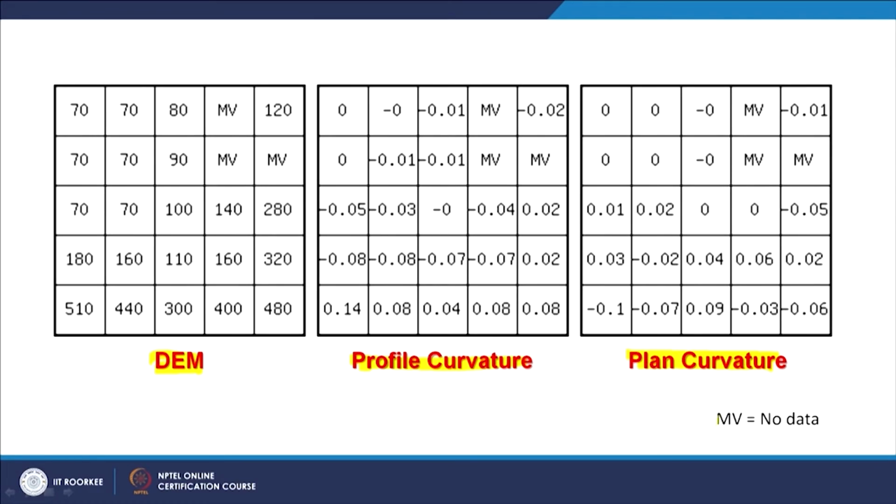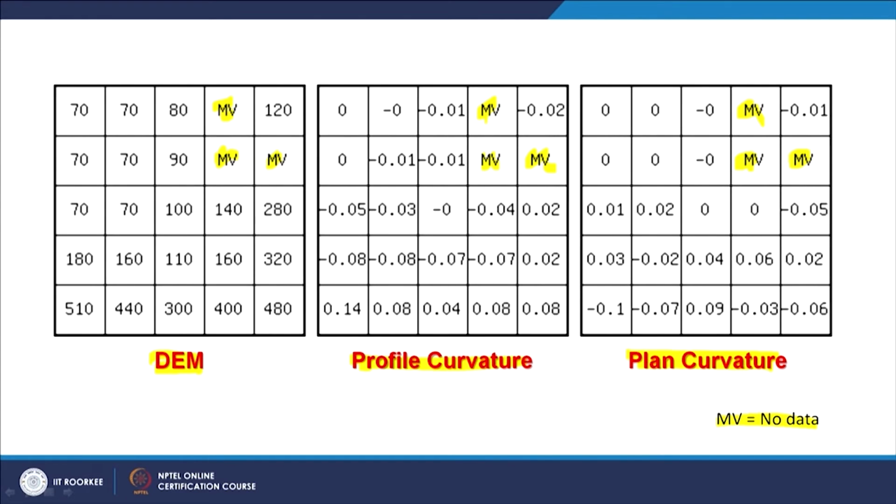So wherever in input you are having no data, in output also, whether it is a plan curvature or profile curvature, you will have no data, otherwise you would have data. So of course this is also a neighborhood analysis.